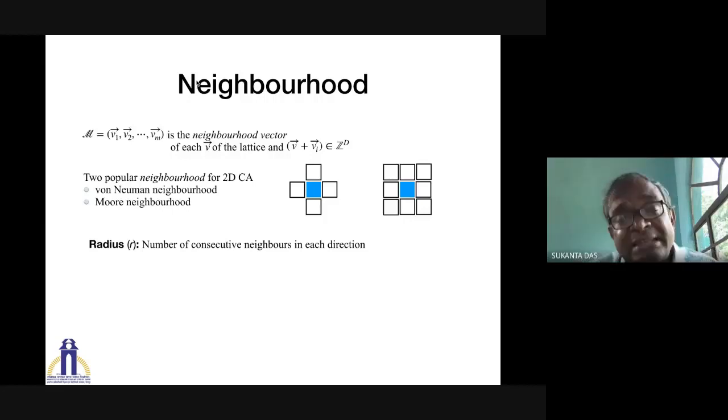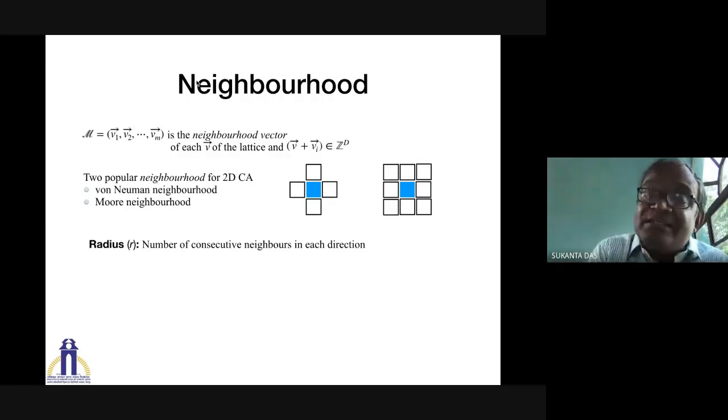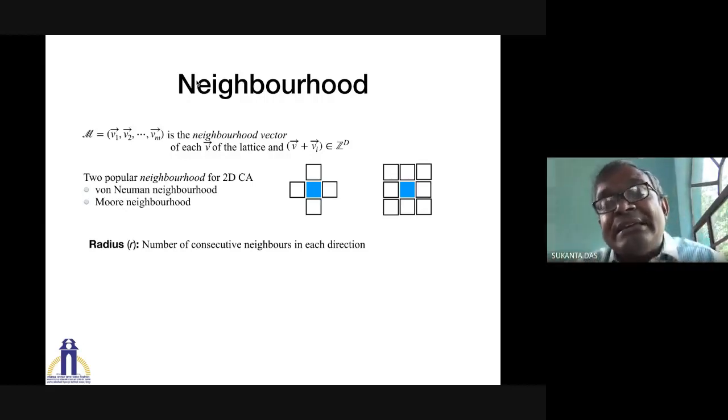Radius says the number of consecutive cells that are neighbors of each cell. In 2D, along the x-axis there are 2 directions, left and right, and along the y-axis there are 2 directions. In each direction, the number of consecutive neighbor cells is called the radius.